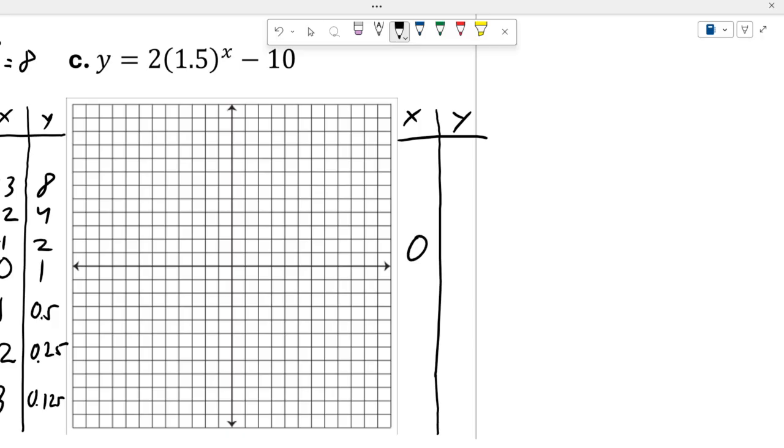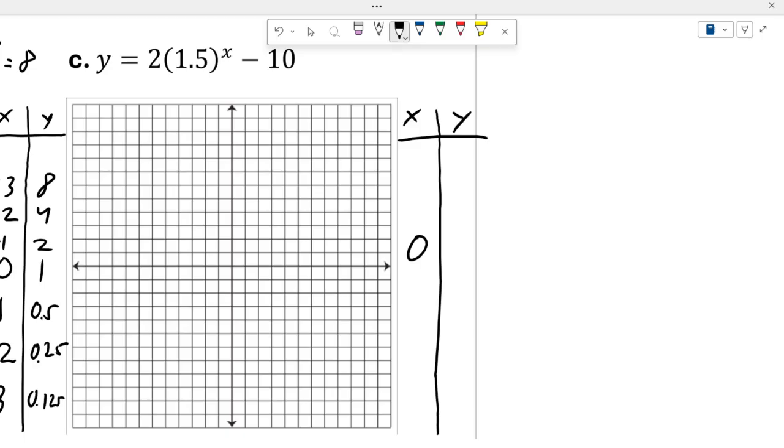So we'll start with 0. This is saying what happens when we plug a 0 into this function. And when you plug a 0 into this function, notice that I get 1.5 to the 0.